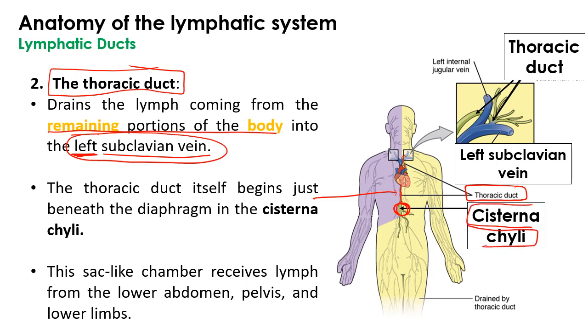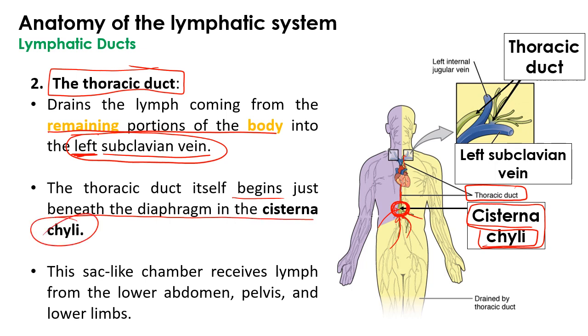And if you remember what I told you, that the lymphatic system starts small and then big, you should know that this cisterna chyli is essentially the space where all the lymphatic trunks are going to merge to form the beginning of the thoracic duct. So the thoracic duct essentially begins just beneath the diaphragm in the cisterna chyli.